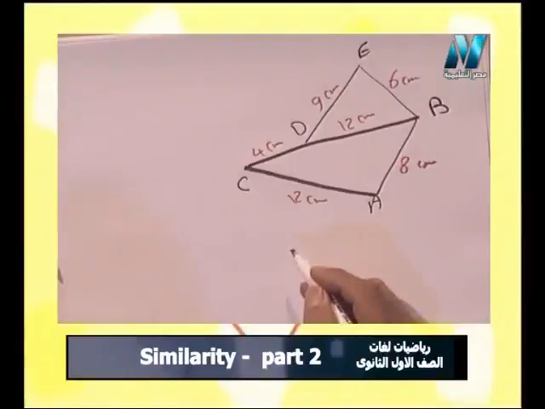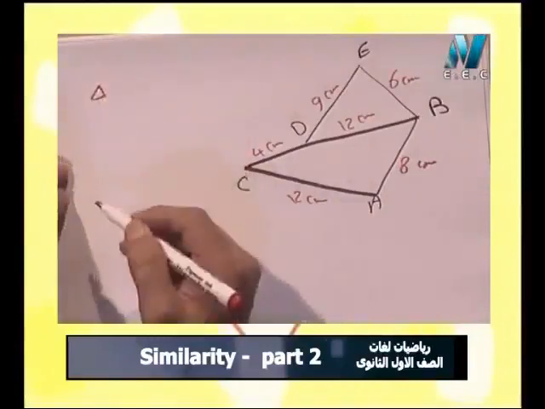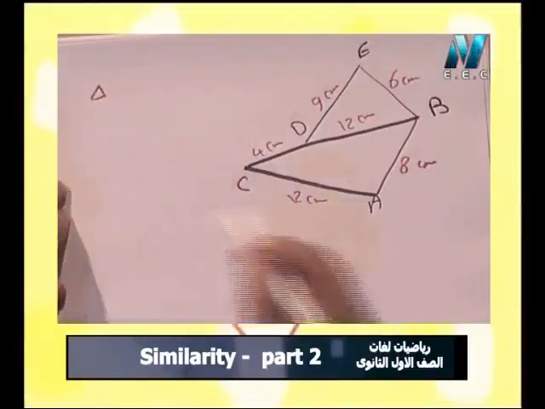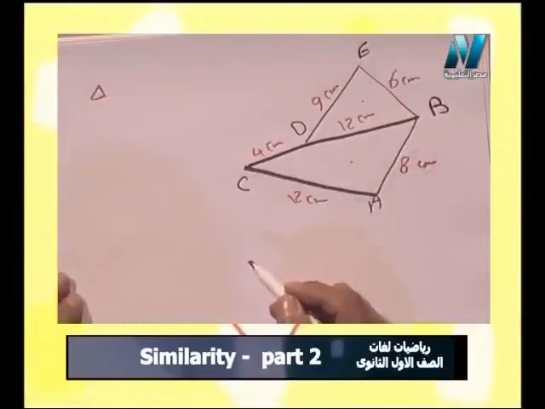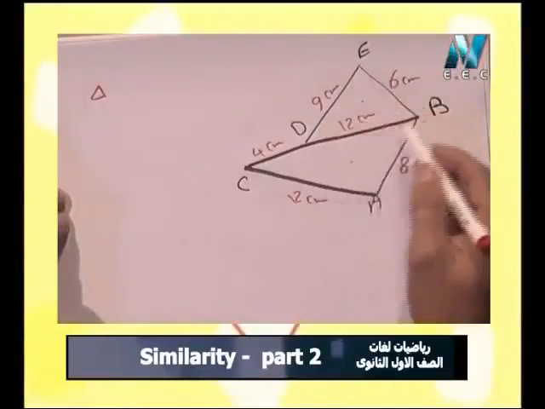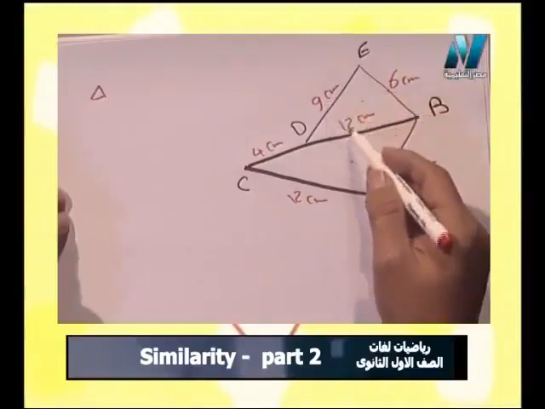We try to prove that the two triangles are similar, this one and this one. We put the sides of the first triangle from the smallest to the greatest. So we put 6, 9 and 12.